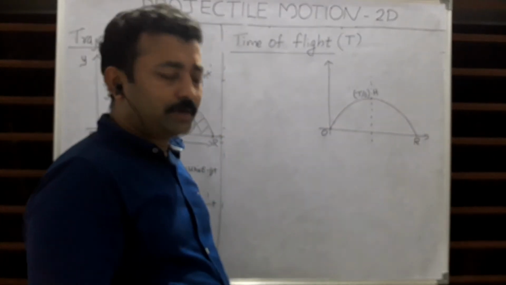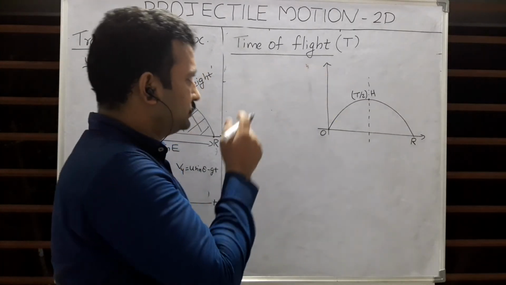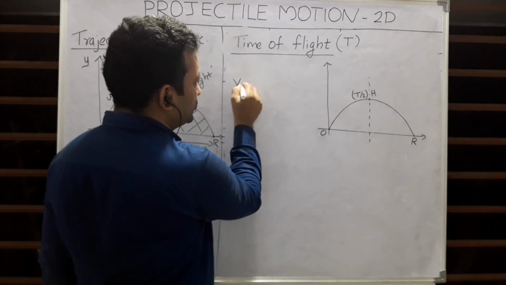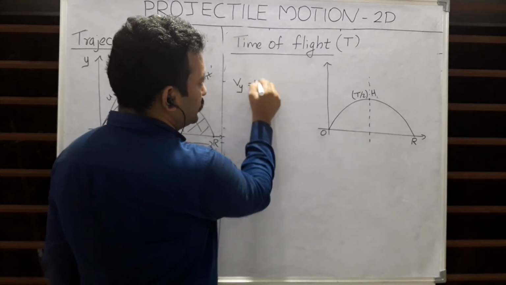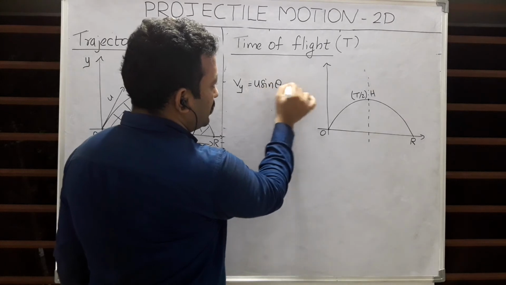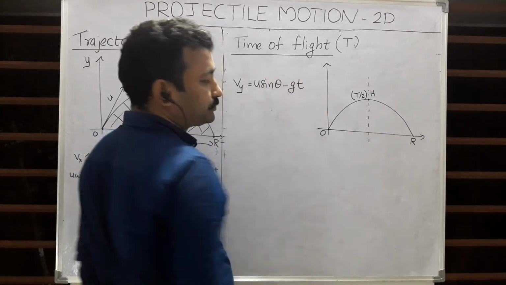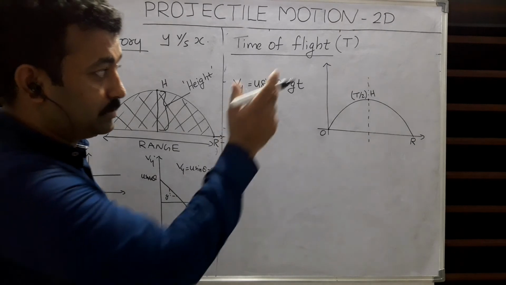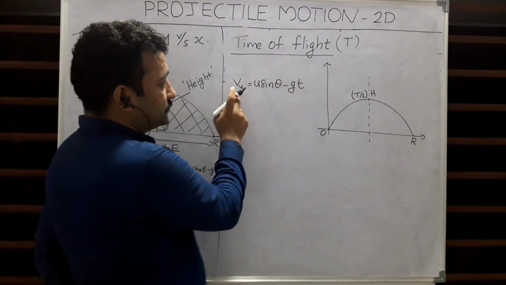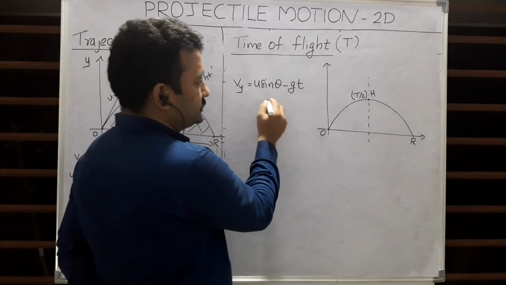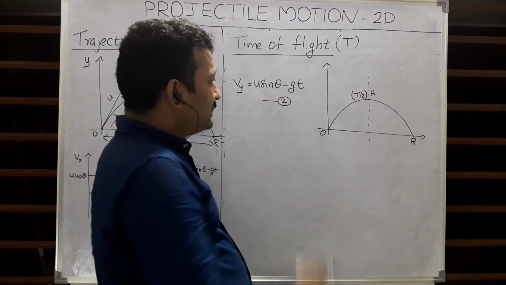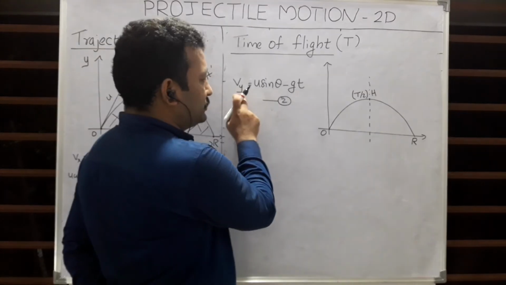What happens when the particle is moving upward? Upward motion is characterized by our second equation, which is u sin theta minus gt. It's a y-axis problem. If you remember the column which I have drawn, Vy is equal to u sin theta minus gt, this is our second equation. So as the time is increasing, this value is decreasing.